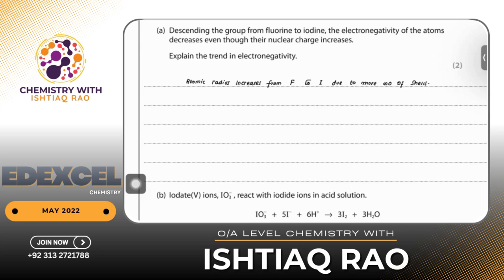So if the distance is higher, there would be weak force of attraction for the bonding electrons.